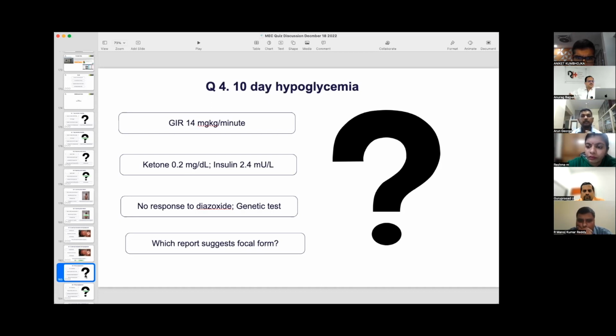Focal form will be an autosomal recessive mutation. Recessive or dominant, or coming from which? This will be an autosomal recessive one.